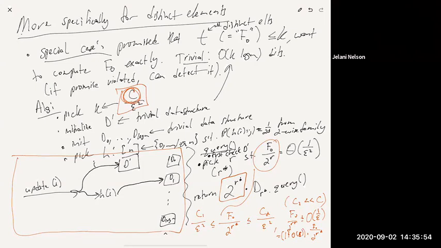Does that answer your question, Noah? Yeah, I think so, but I was curious why don't we just pick the lowest R where D_R reports less than k elements, and then use 2 to the R times the query for that D_R, because it seems like it would be more reliable for the lower D_Rs when they have more elements.